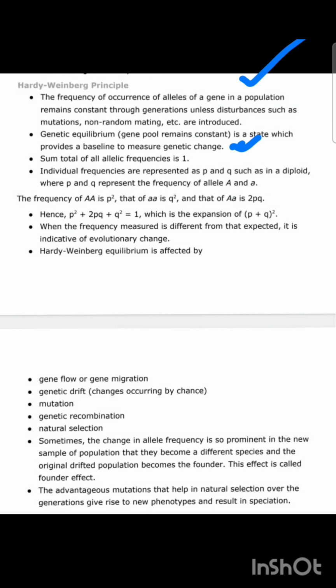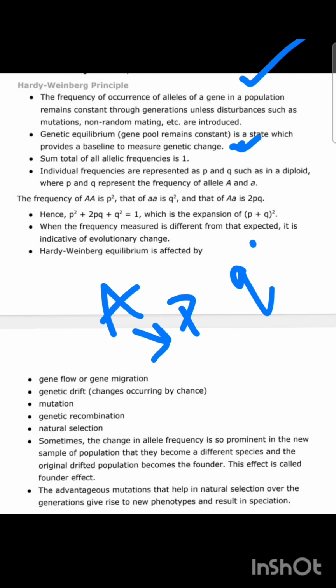Individual frequencies are represented as p and q in a diploid, where p and q represent the frequency of dominant allele A and recessive allele a. p represents the frequency of allele A and q represents the frequency of allele small a.